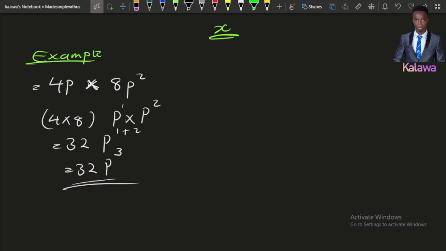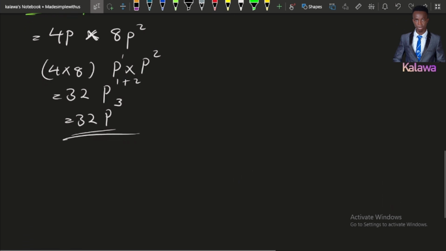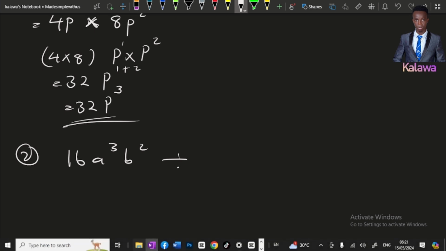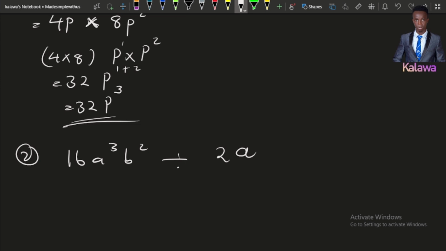Again, let me give you another example that has to do with division. Let's say we have 16a cubed b square divided by 2ab. Remember, now we have division.